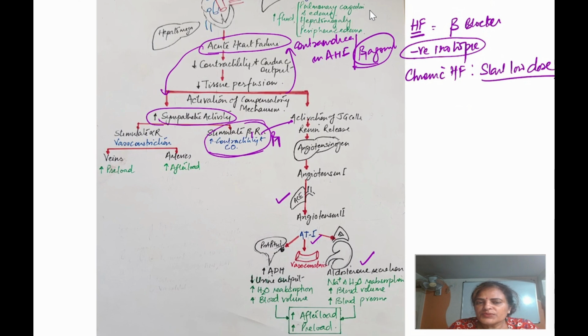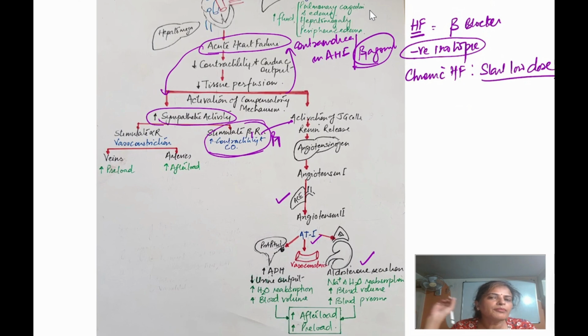These are the few things you must remember when you are putting the patient on a beta blocker. In chronic heart failure, you have to start with a low dose and slowly titrate to a higher dose. This is given very clearly in the standard textbook of pharmacology.